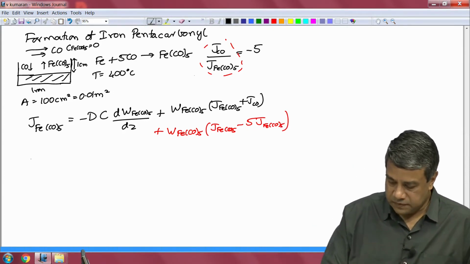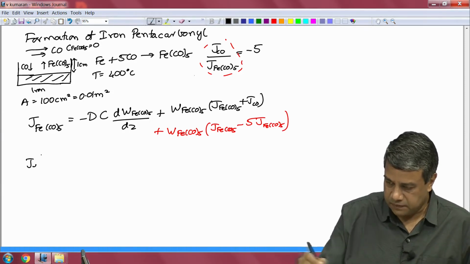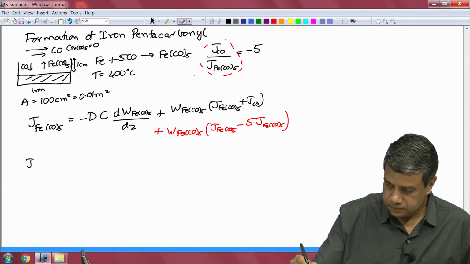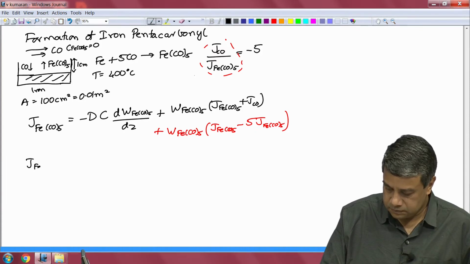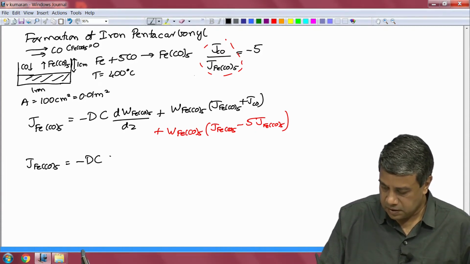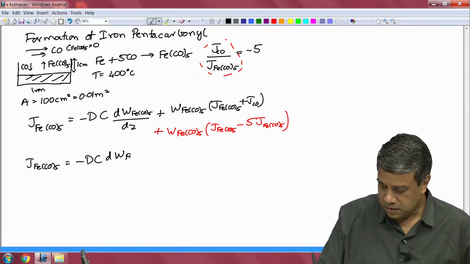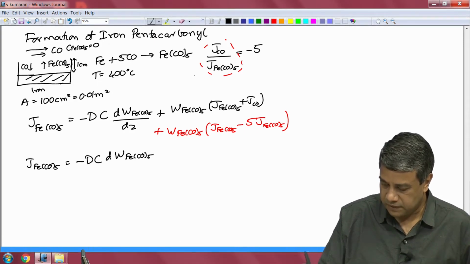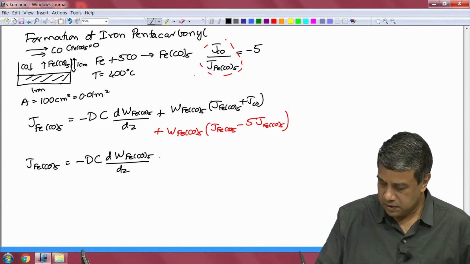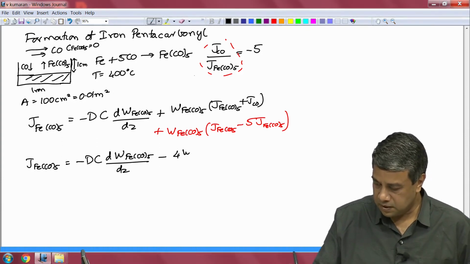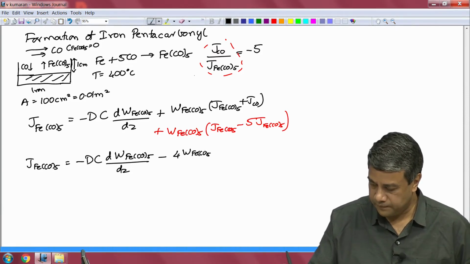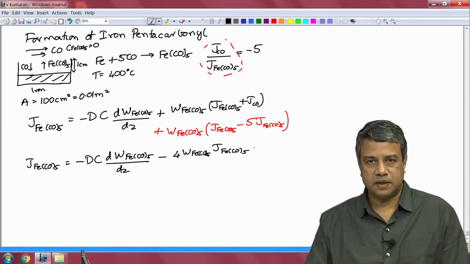If I write this equation, I will get J of FeCO5 equal to minus DC dW FeCO5 by dz minus 4 W FeCO5 into J of FeCO5, iron pentacarbonyl.